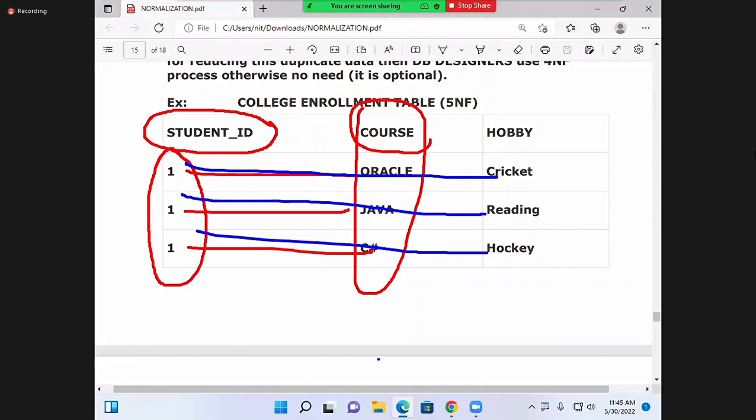That means a single column's same value will match with multiple values of another column. This is what they call multi-valued dependency. The same value depends on multiple values of another column; then it is called multi-valued dependencies.